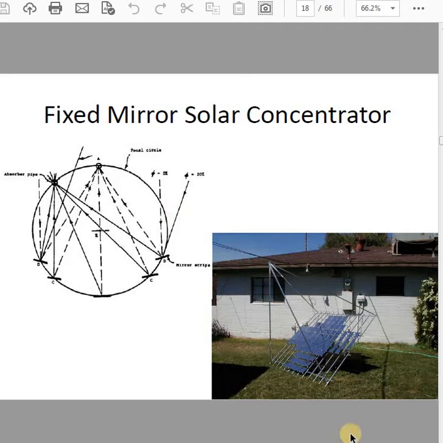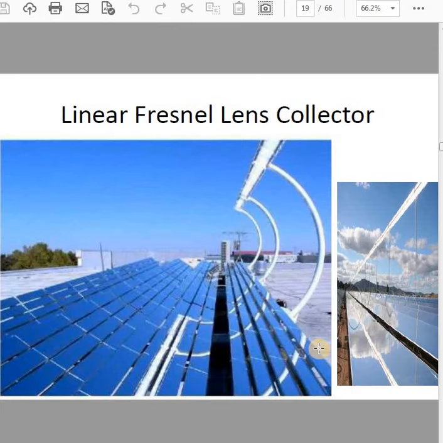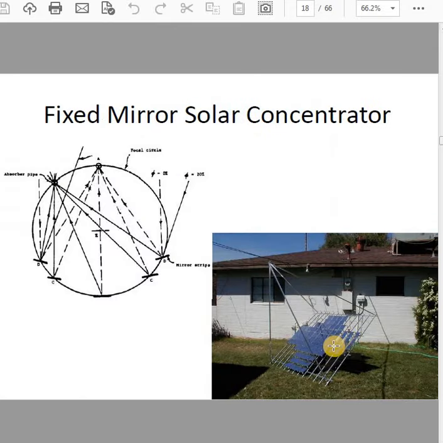Multiple mirror solar concentrating collectors are another type of collector where you are concentrating on the absorber. If you see here, these are connected with multiple mirrors so that you can get all the solar energy concentrated toward the mirrors, and from the mirrors it gets reflected to the absorber point here.